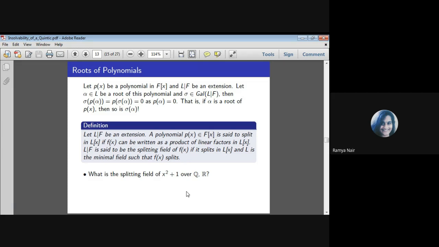So you take an element of your Galois group and make it act on the polynomial. Then a root of that polynomial is mapped to another root of that polynomial by an element of the Galois group. So it says that if alpha is a root of P(x), then so is sigma alpha for every element in the Galois group. Is that part clear?